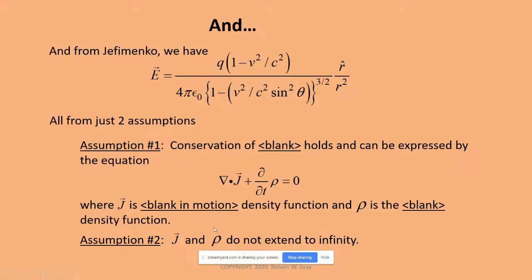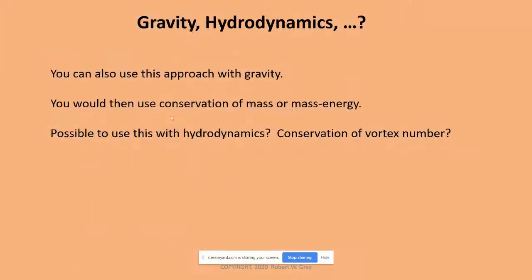You get everything. To me, that's a big wow in my learning of electrodynamics in particular, but also of gravity or any other subject, provided you have a conservation of something with this continuity equation.